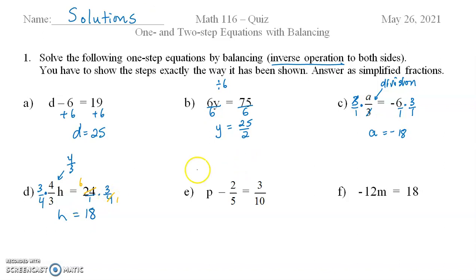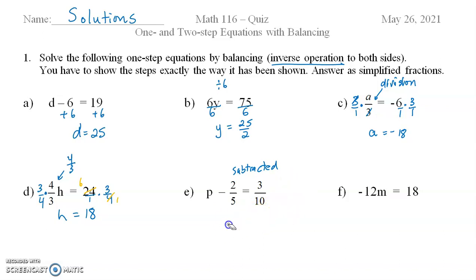Now don't get confused with the fraction you see in letter D with the fraction you see in letter E. In this case, the fraction is subtracted, and so the opposite operation for subtraction is going to be addition. So I would add 2/5. Now the problem is when I write plus 2/5 here and plus 2/5, it's really hard to think of that as the operation.